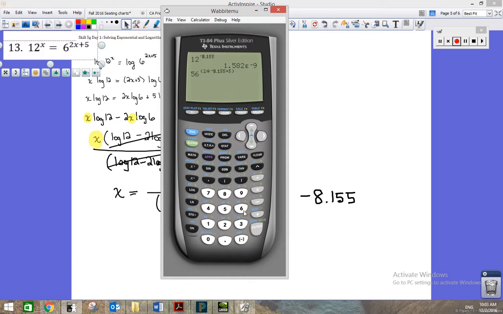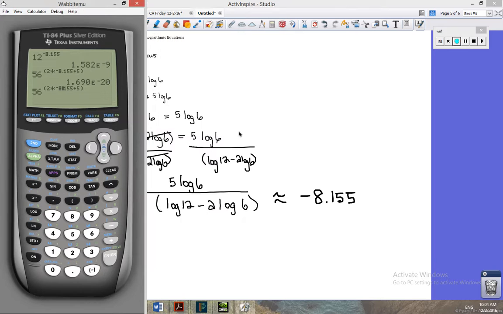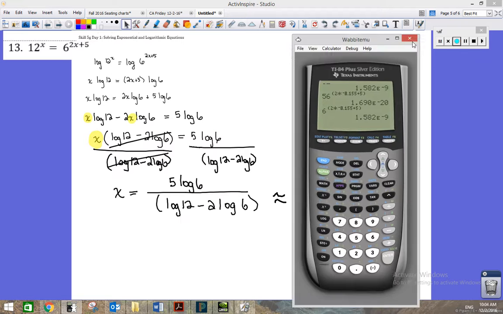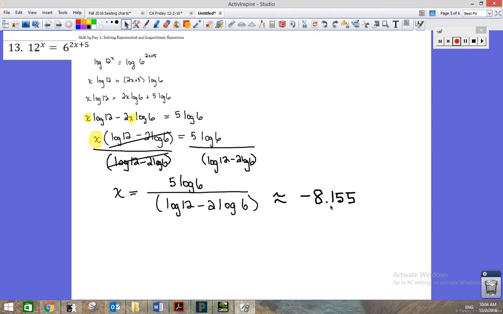I had a base of 6. Okay, well, yeah. Look, I have 56 there. I don't know what I'm doing here. Well, it jumped on me. Let's delete that 5. There we go, 1.582. Okay, to 3 decimals they are the same. So this is a pretty good approximation to this exact answer.